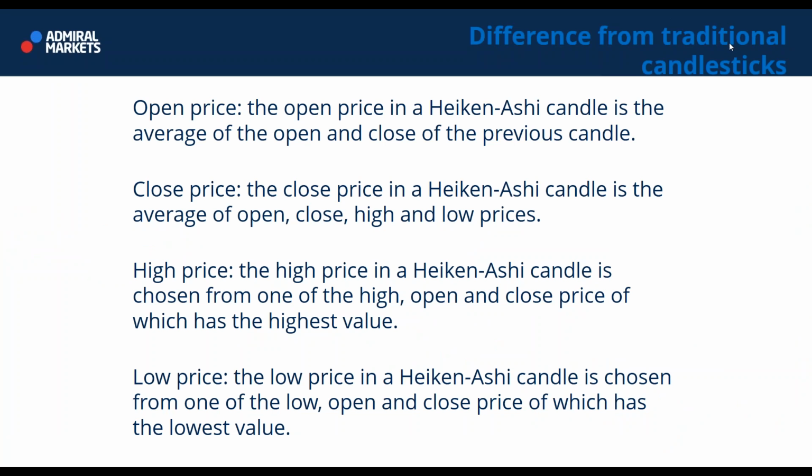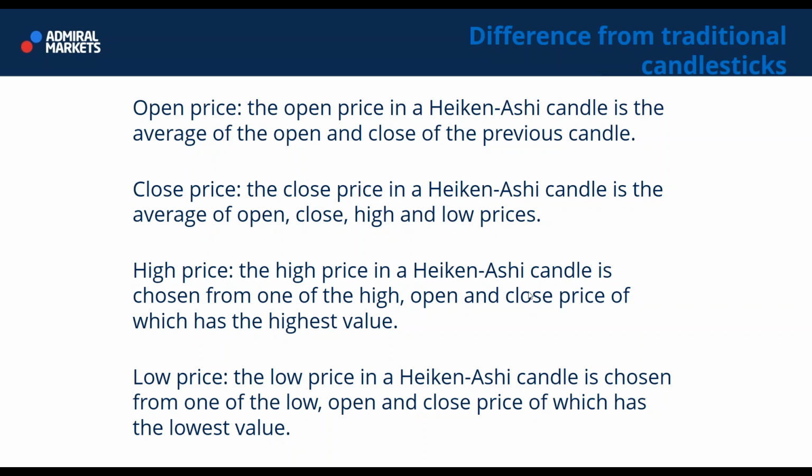Now, for Heiken Ashi, this is maybe not so important for you, but just for your reminder. The open price in a Heiken Ashi candle is the average of the open and close of the previous candle. The close price is the average of open, close, high and low prices.